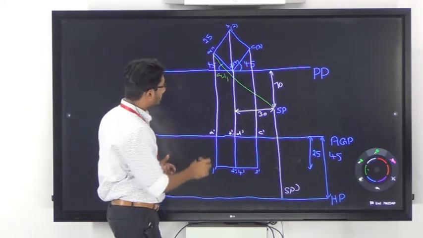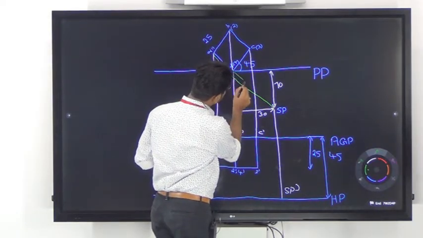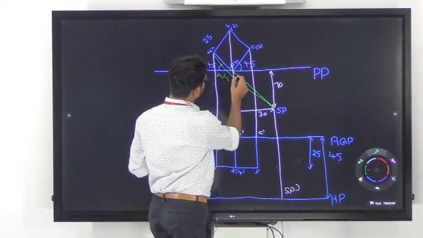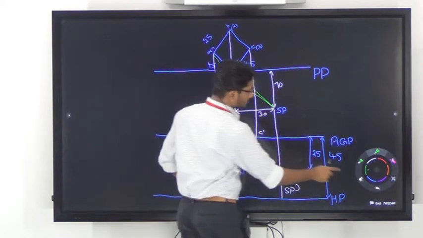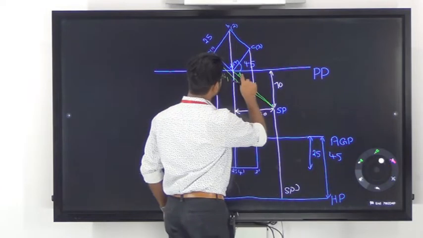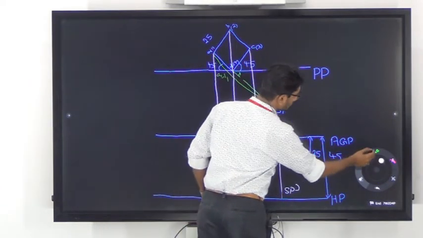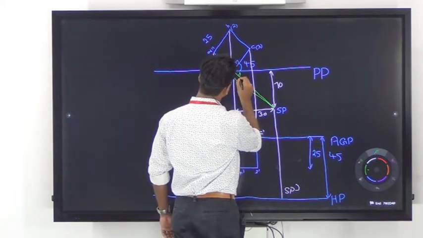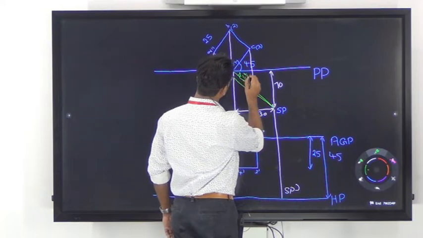Now we are joining the points D and 4 with the top view of the station point. So here you will get the points D1 and 4, 1.